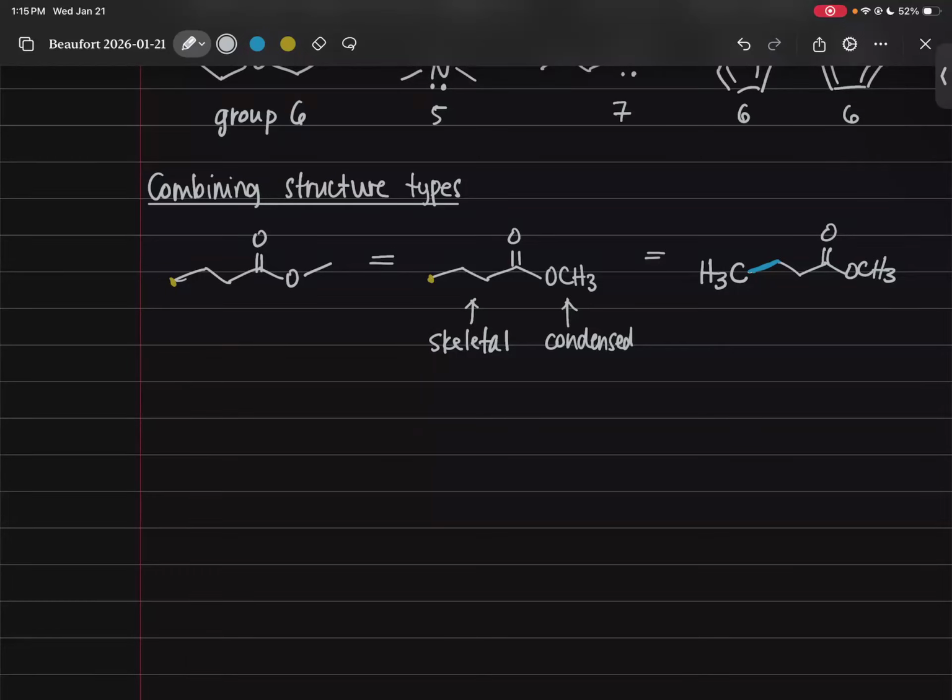So it becomes H3C instead of CH3. Means the same thing, but we draw it backwards to show the correct connectivity between the carbon here and the carbon there.